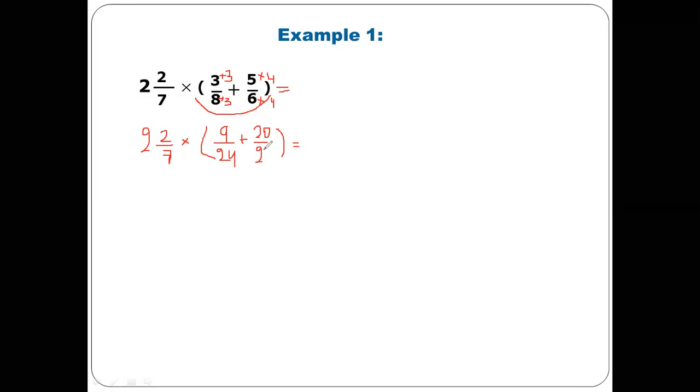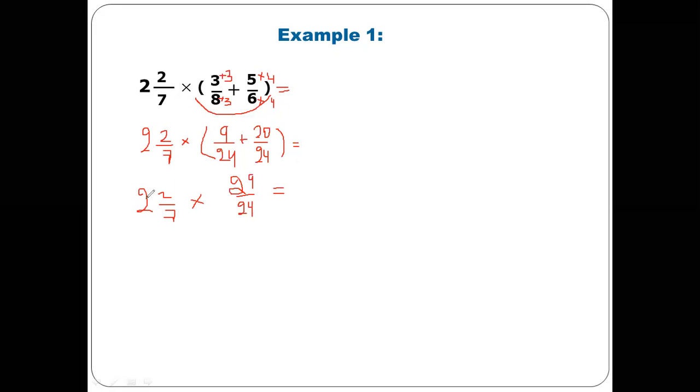Since I have the same denominators now, I can add the two fractions under the same denominator, which is 24, and then I say 9 plus 20 is 29. So I'm done with the parentheses. Thus, I have to move to the second operation, which is multiplication.